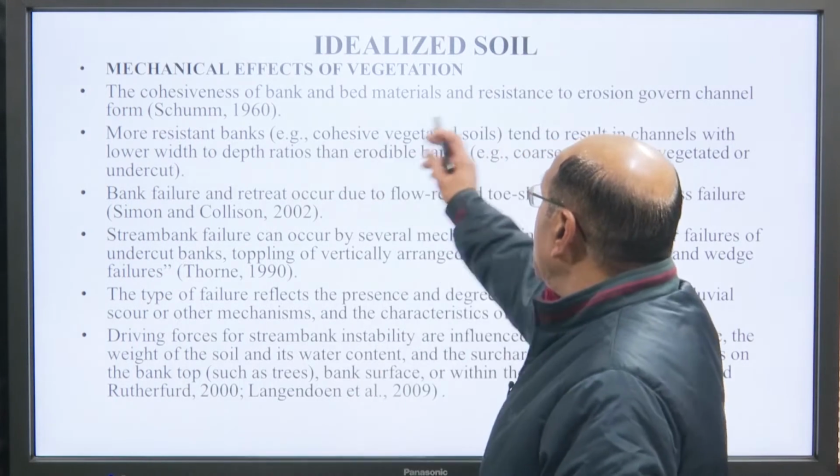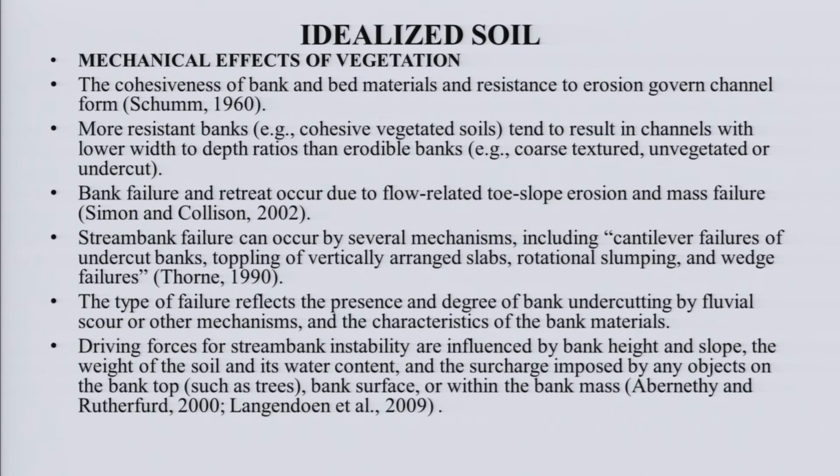One part is the mechanical effect of vegetation. The cohesiveness of banks and bed materials and resistance to erosion governs the channel form. These are the different researchers who have done many works in this field.